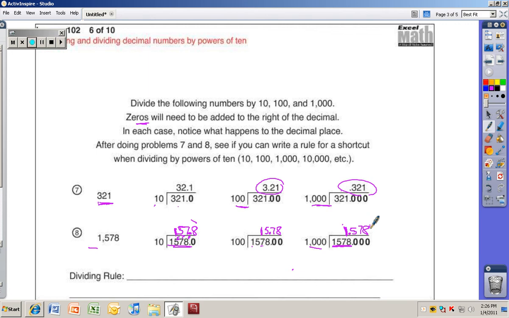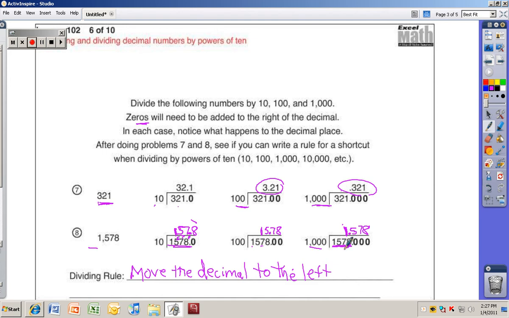What do you think? The decimal point moves to the left. How many spots do you know to move it to the left?